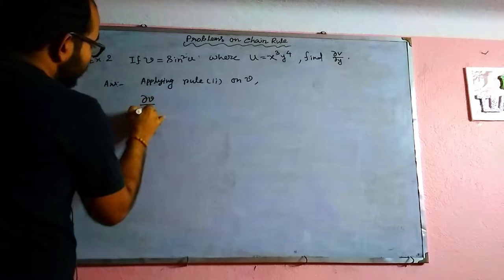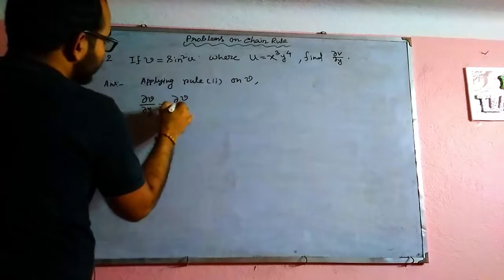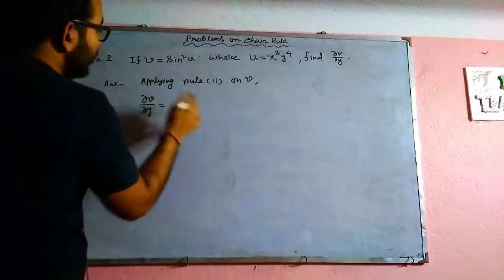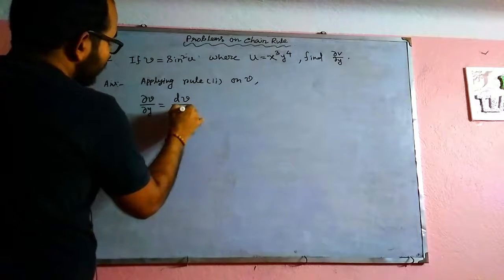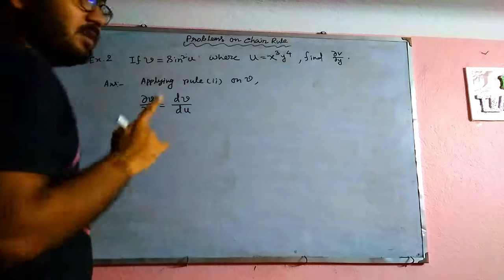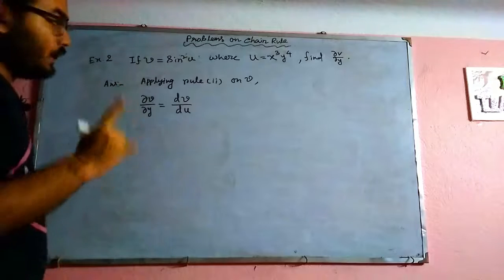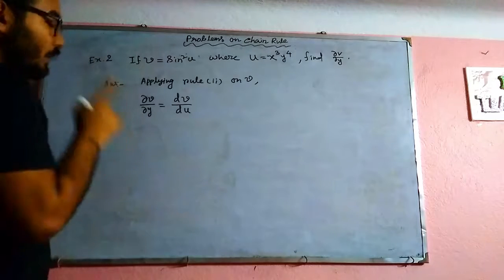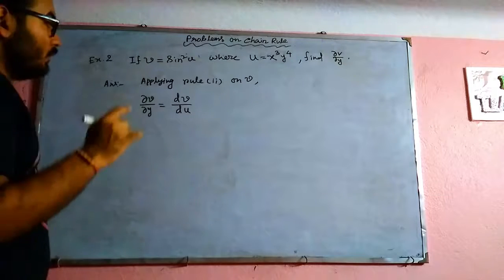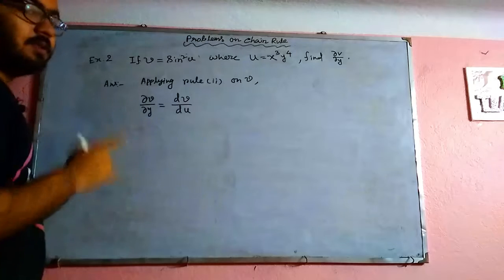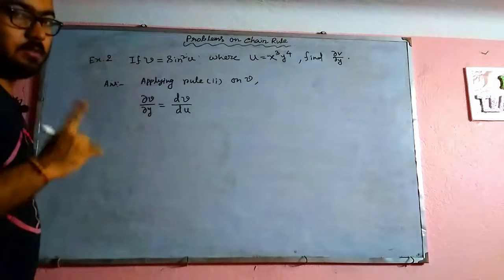Del v del y is equal to... no, this is not del v, this is dv du, because v is a function of only one variable, and when a function is of only one variable, then we have to write dv du.